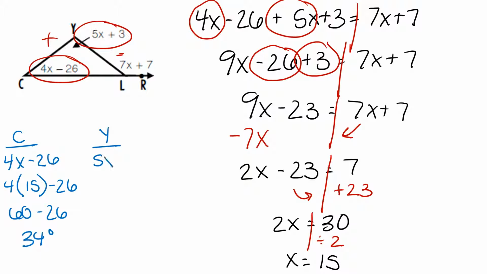For angle Y, 5x plus 13, plugging our answer in, so 5 times 15, which is going to give us 75. 75 plus 13 is going to be an answer of 88 degrees.